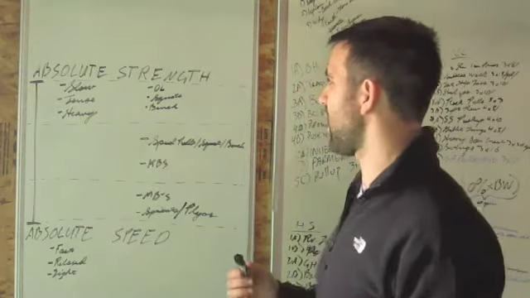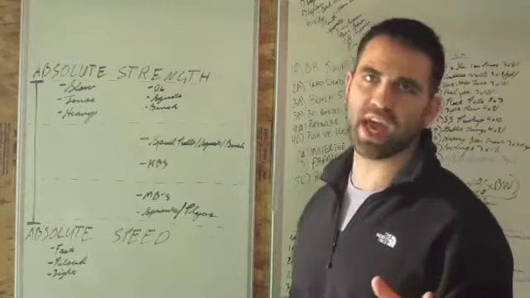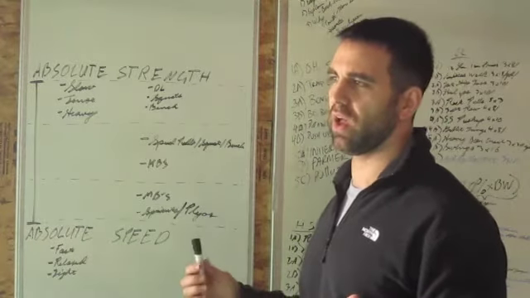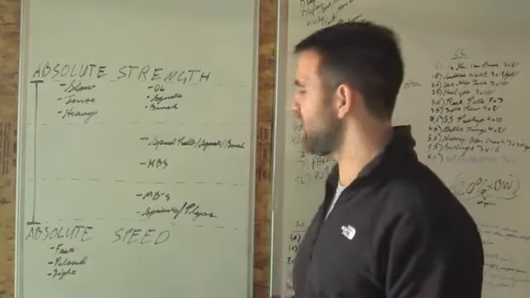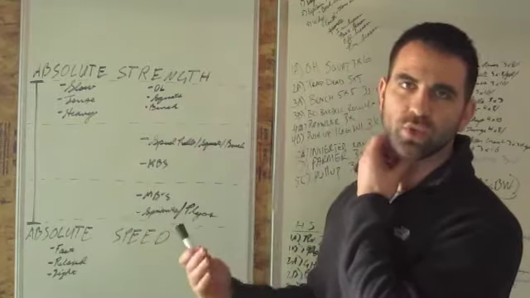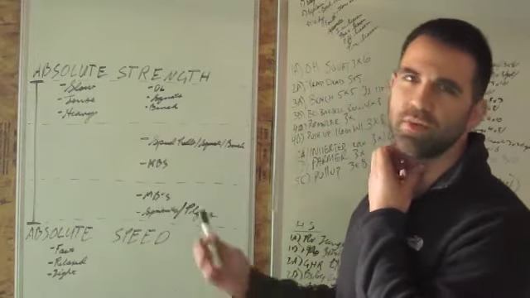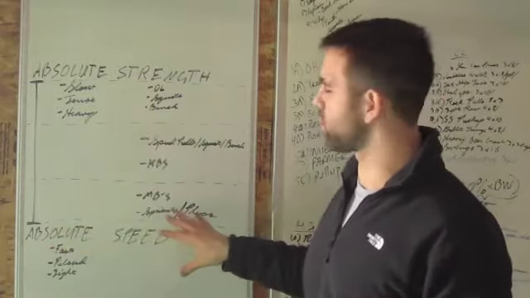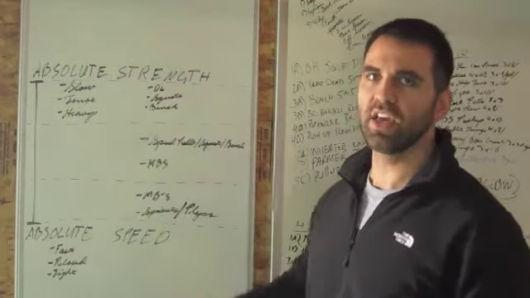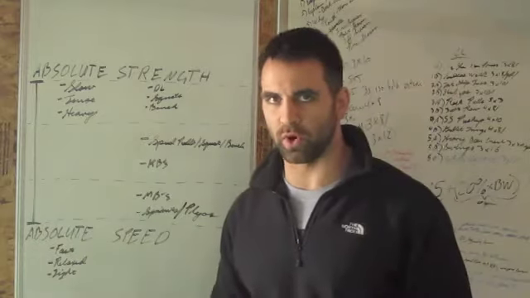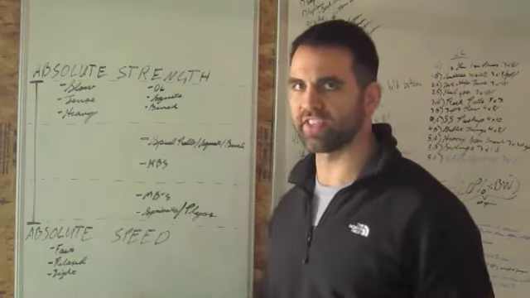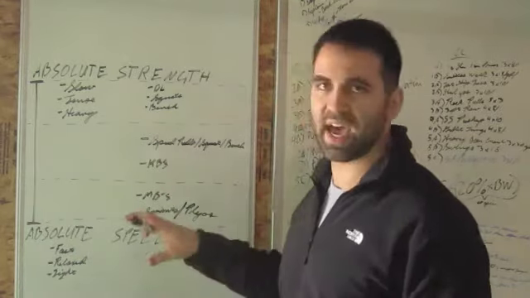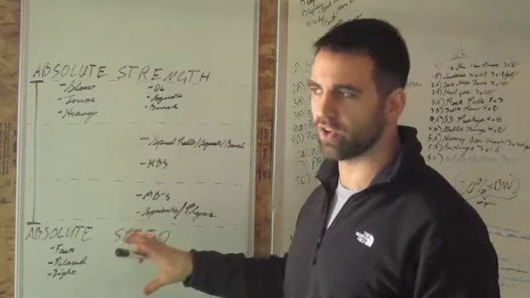For instance, for a youth athlete, and really any athlete in season, like a high school kid, even a college-age kid, even professional-level athletes, during season they're going to live towards the absolute speed end of the spectrum. They're out there running around, they're playing their sports, so they're running and jumping all the time. They're doing fast movements all day long.